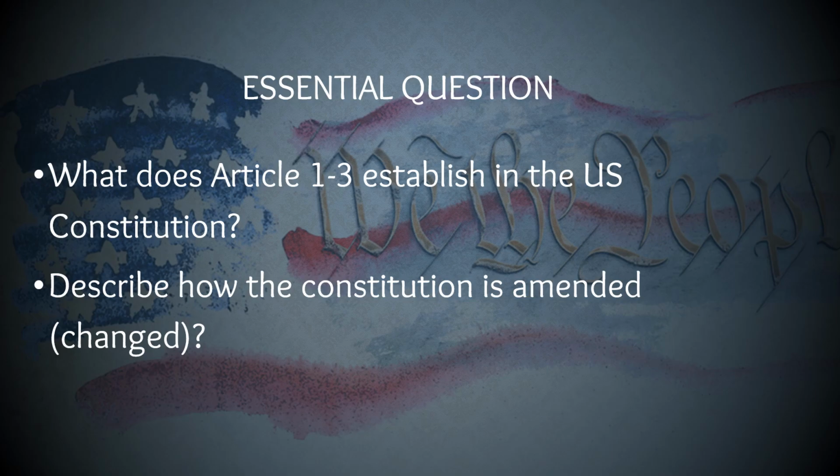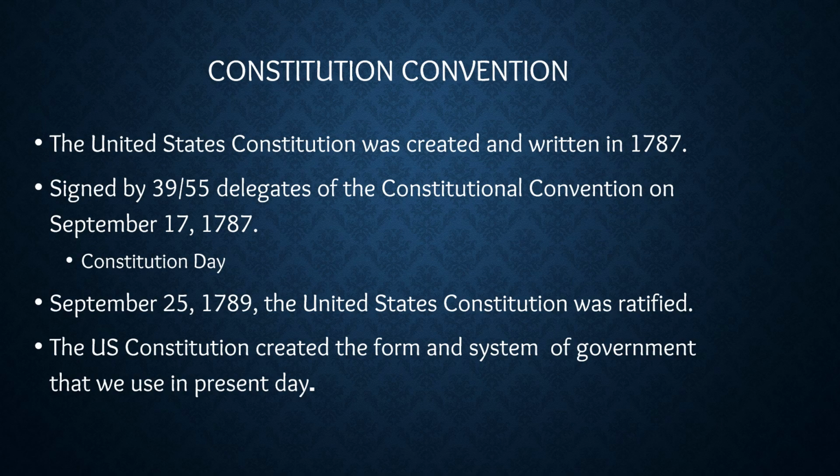And let's get started. So, the Constitutional Convention, guys, we mentioned talking about this with the Articles of Confederation PowerPoint. The U.S. Constitution was created and written in 1787. It was signed by 39 of the 55 delegates of the Constitutional Convention.